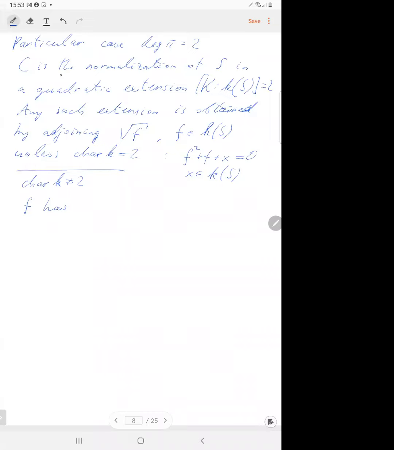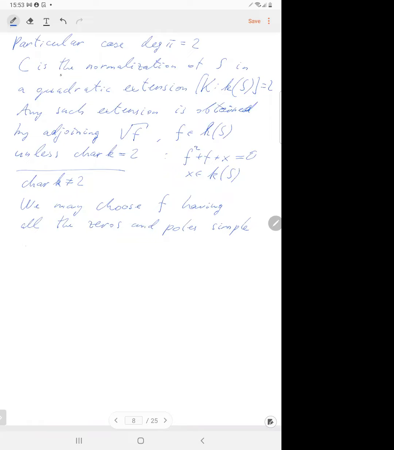Well, we may choose f having all the zeros and poles simple. Okay, because otherwise you just multiply by the square of some local element, and the square root will not change.